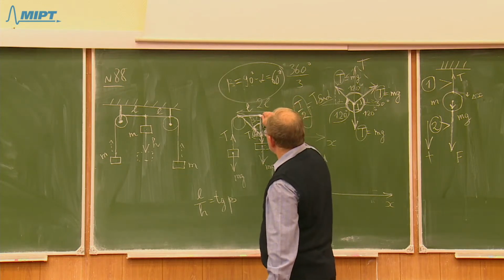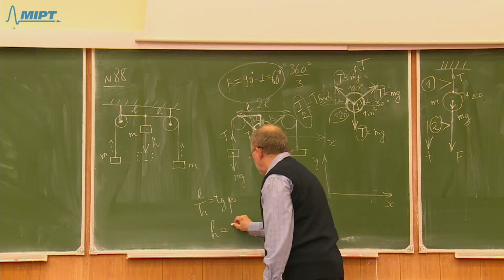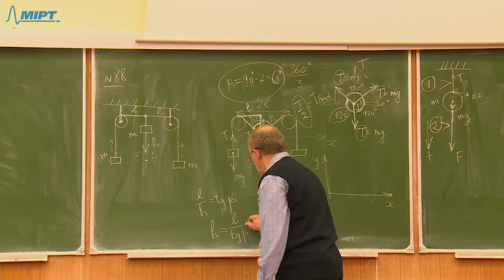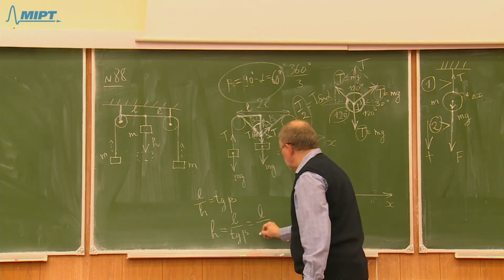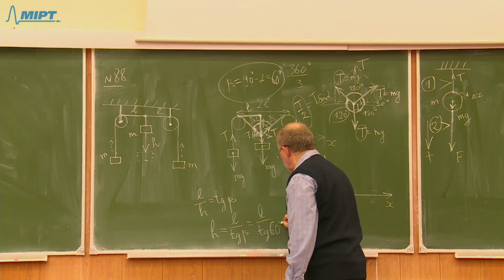And so what I need to find is h, and I can find h from here as L divided by tangent beta, and we know what beta is. This is 60 degrees, so tangent of 60 degrees.